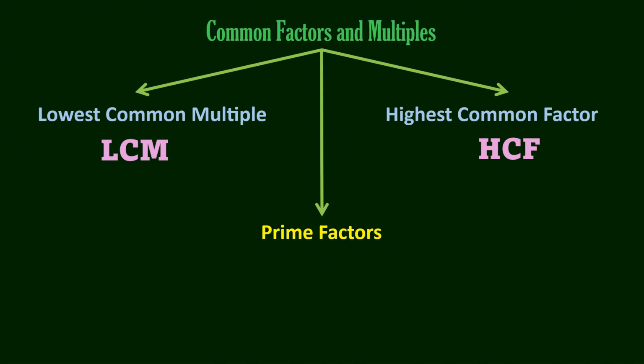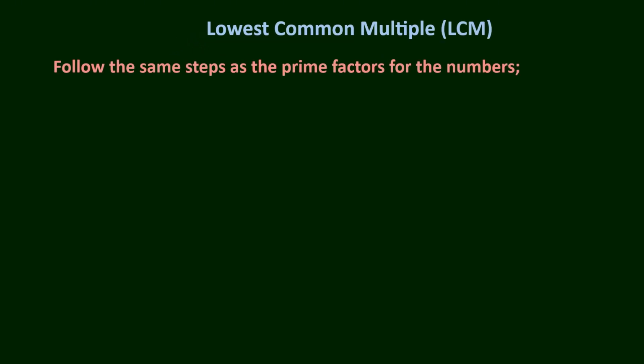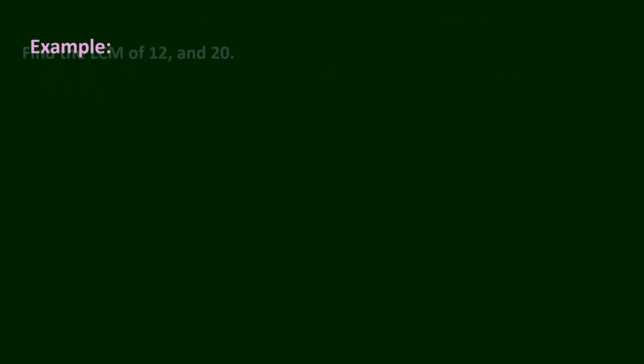We have talked about prime factors. Now let's consider the lowest common multiple, also known as LCM. You should follow the same steps as the prime factors for the numbers listed. For example, find the LCM of 12 and 20.